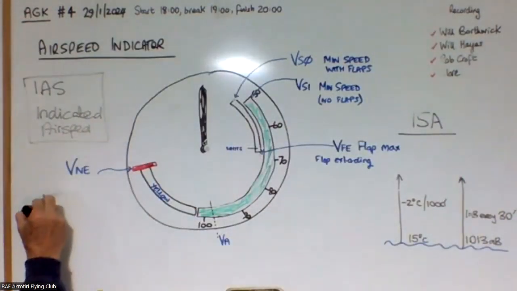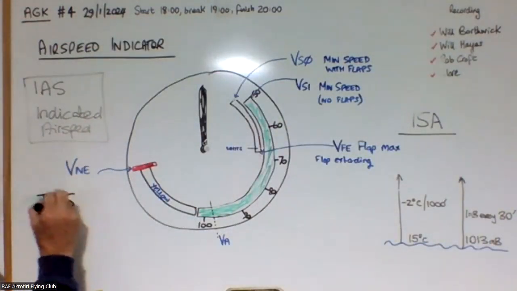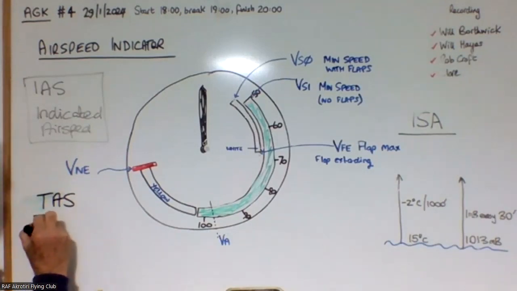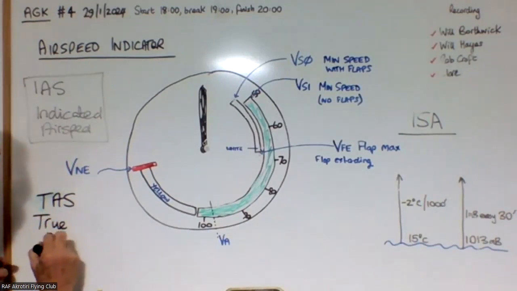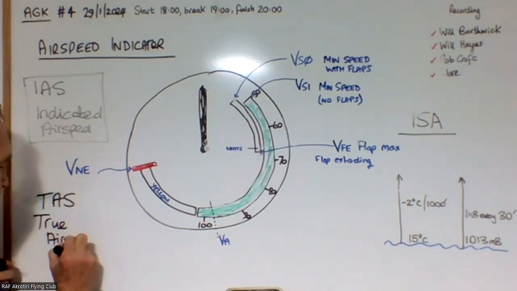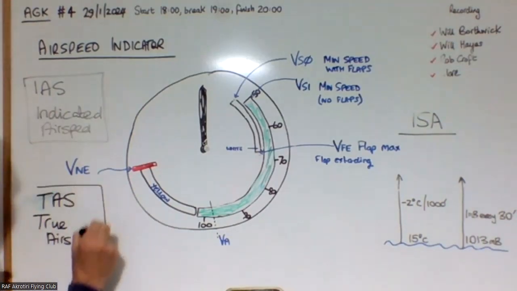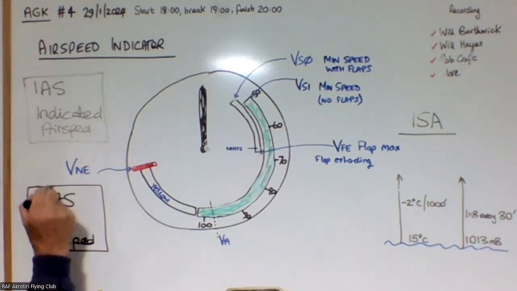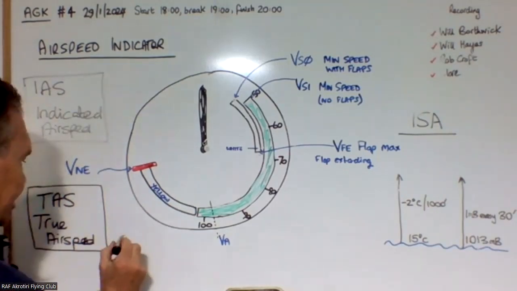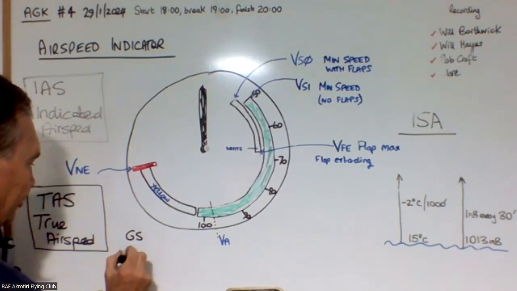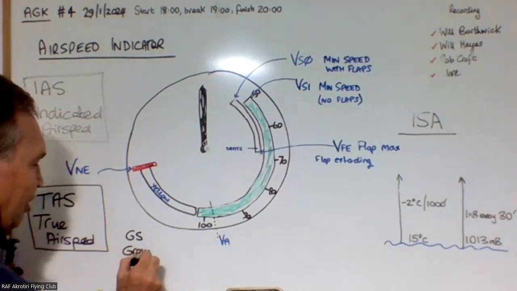So TAS is true airspeed. And GS is our speed over the ground.